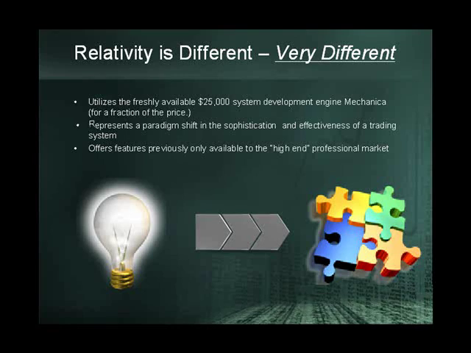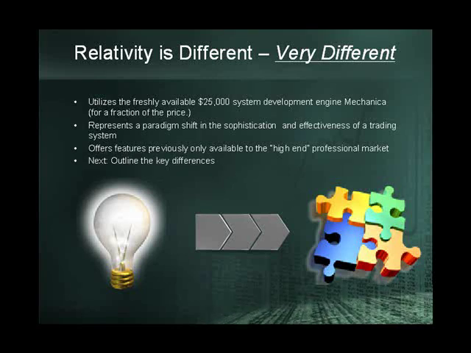I would call this a paradigm shift in the sophistication of trading systems, and I can say confidently that the features available in this system were ones that were really previously only available to the high-end or the professional market. So let me get into some of the key differences. Once again, to go into specifics would take too long, but I want to touch on some of the high points that really make the Relativity Trading System stand out.